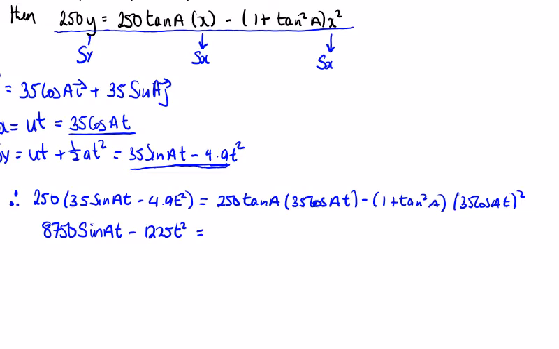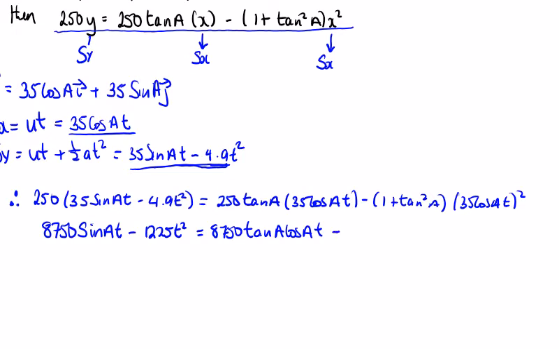That's equal to 250 by 35 again. So we're going to have 8750 tan alpha cos alpha times t. And then we're going to have minus 1 plus tan squared alpha times 35 cos alpha times t to be squared.